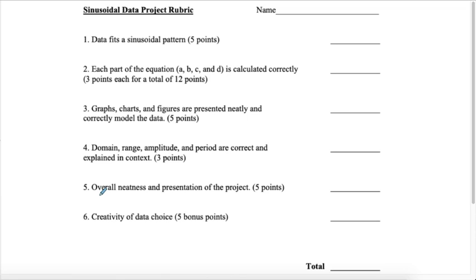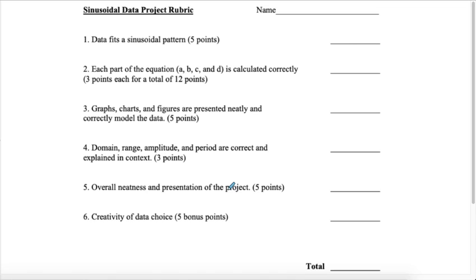And then finally, the last page is just how you're going to be awarded points. 5 points as long as your data actually fits a sinusoidal pattern. 3 points each for correctly calculating your A, B, C, and D. Neatness and correctly modeling the data is 5 points. Domain, range, amplitude, and period are correct and explained in context.